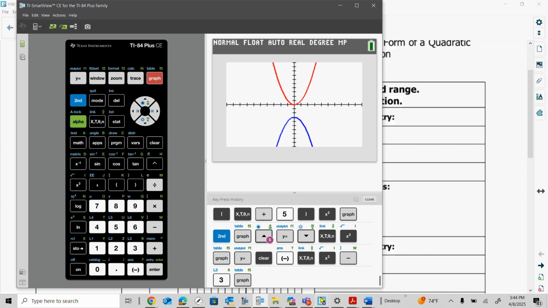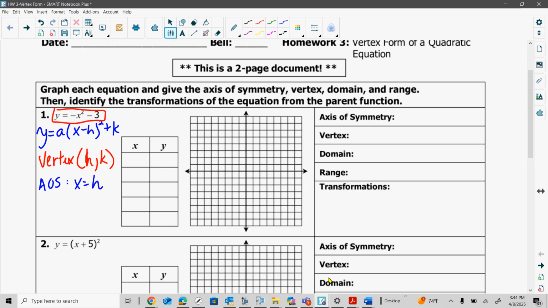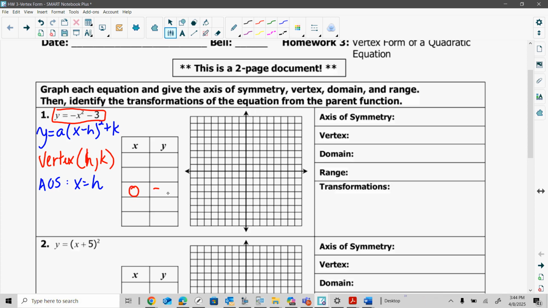So what we're going to do is put that vertex, 0, negative 3, in the middle of the table. And then we want to look for the pattern, the symmetry. We should have symmetry around this point.